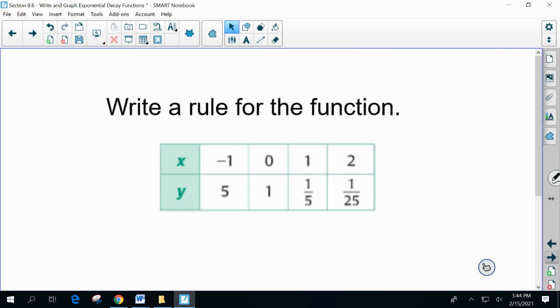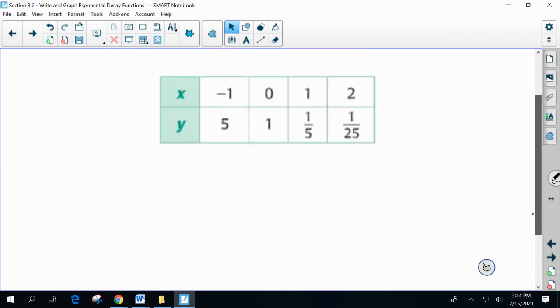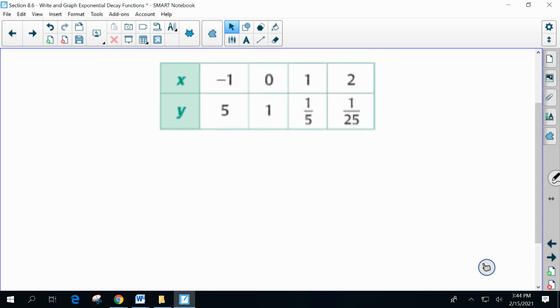Okay, so next we're going to look at writing a rule for this function. When you look at what's happening each time to your y value, it looks like it's getting divided by 5, but we have to write that as a fraction. So we would say times 1/5.